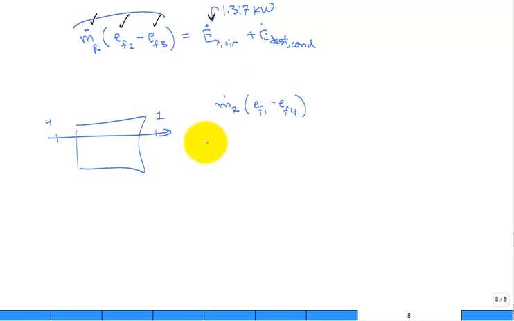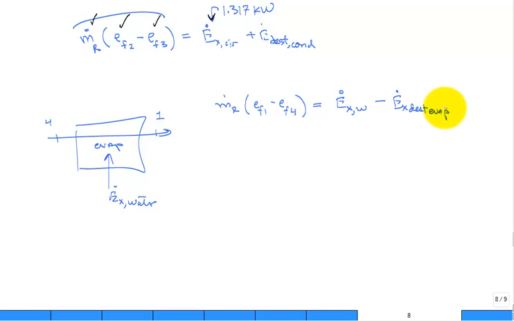Where did it come from? It came from the transfer of exergy out of the water, which we calculated. And if it came out of the water, some of it could be destroyed in the evaporator.